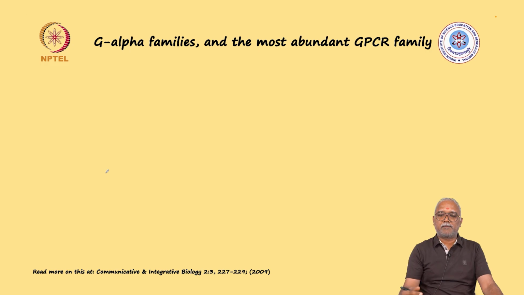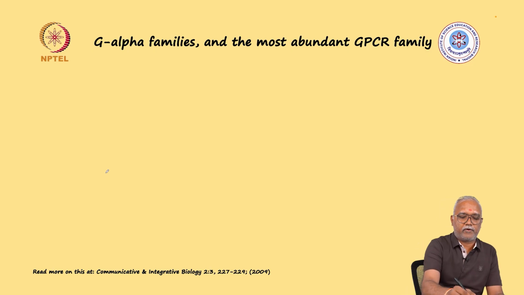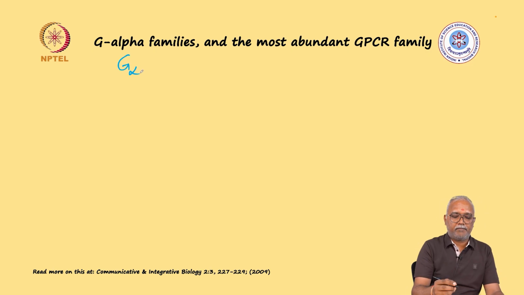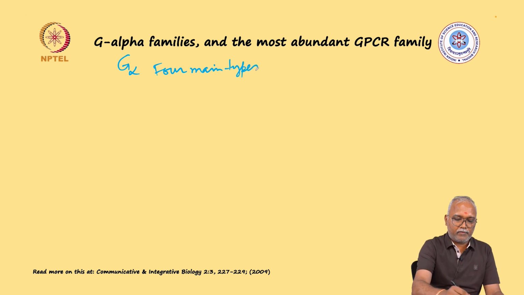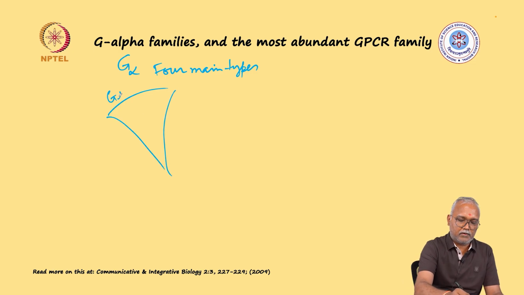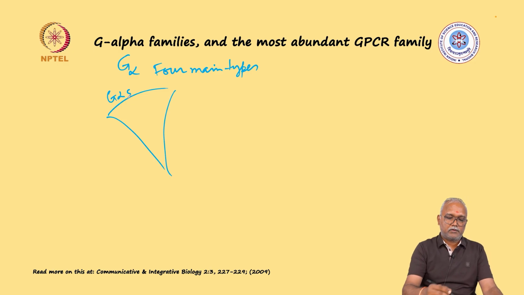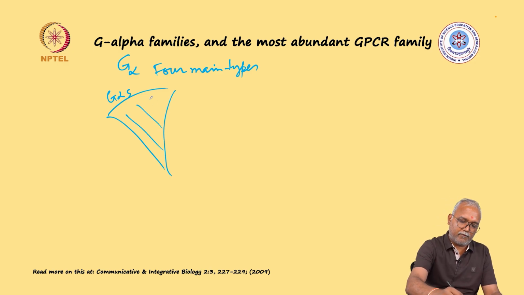Now let's discuss some of these things about the G alpha families and the GPCR family, its abundance and so on. What we have understood until now about the G alpha families, which I highlighted in a couple of previous slides, is that there are 4 main types of G alpha. One of the first of those classes is called G alpha S. I am trying to draw a rough phylogenetic tree.